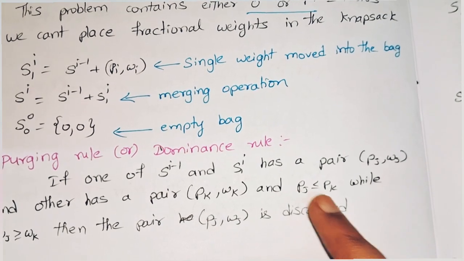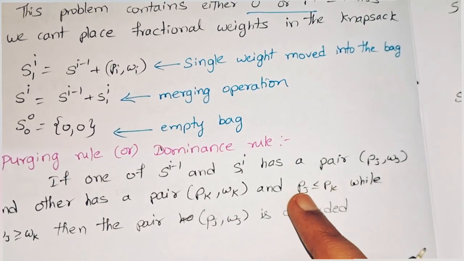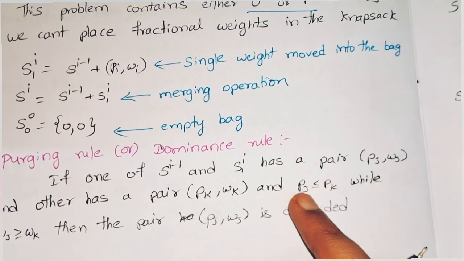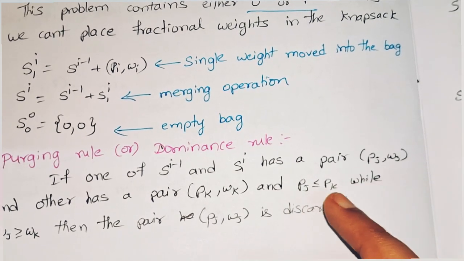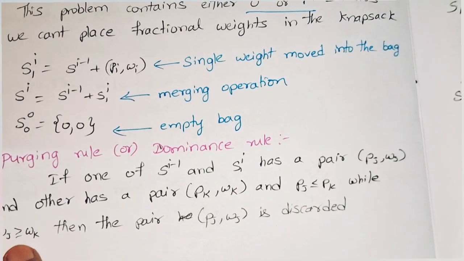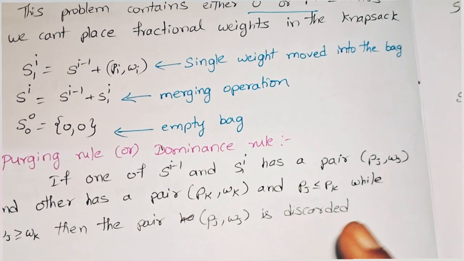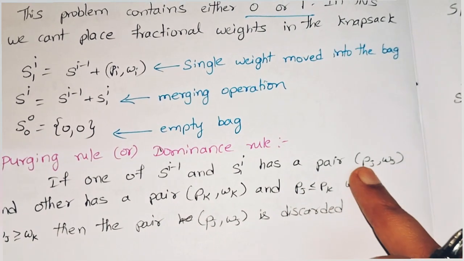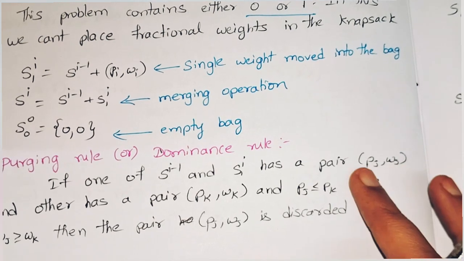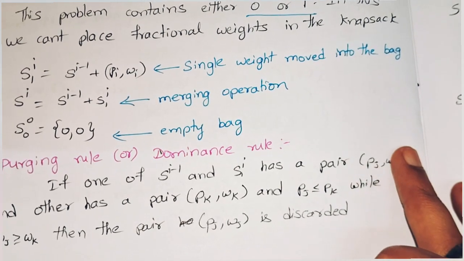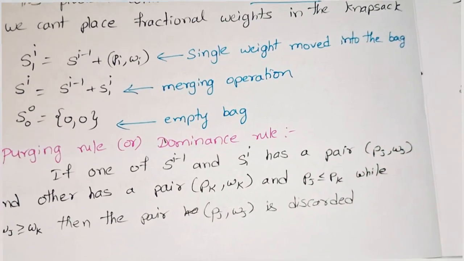If the profits are in ascending order, then it's okay. But if the weights are in descending order, then we need to remove the first pair, the Pj, Wj value, from the given set.